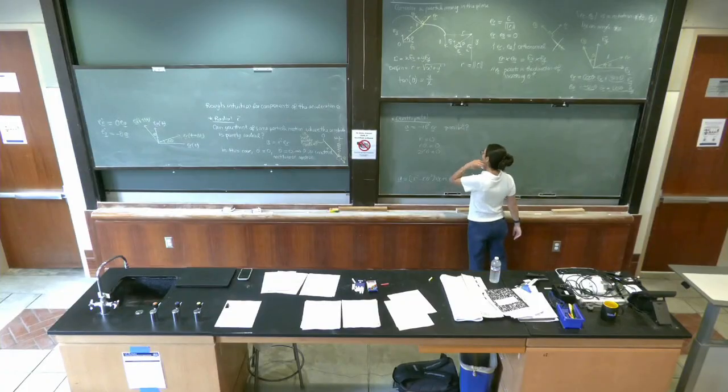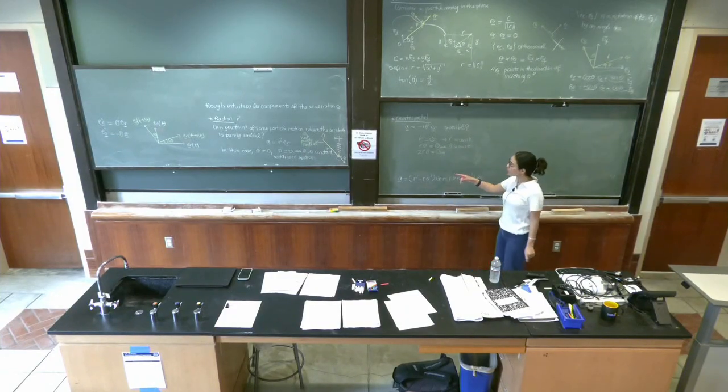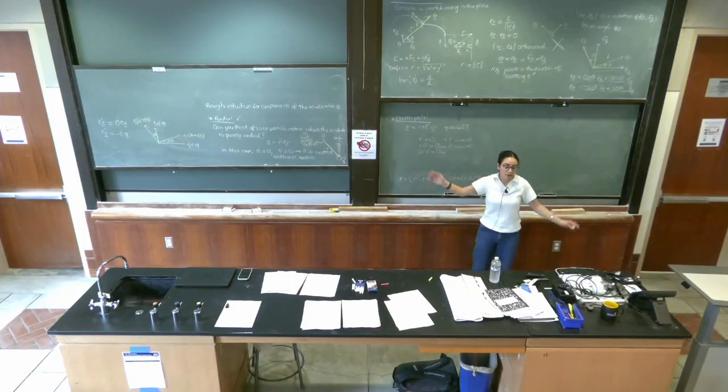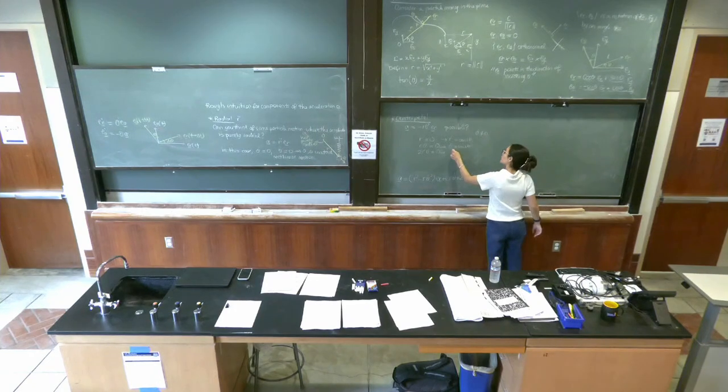From here, I'll get that r double dot is 0, from here that theta double dot is 0, and from here either r dot needs to be 0 or theta dot needs to be 0. But if I pick theta dot to be 0, then the acceleration is 0, and I've done nothing. So theta dot needs to be different than 0. So r dot needs to be 0. So r needs to be constant.